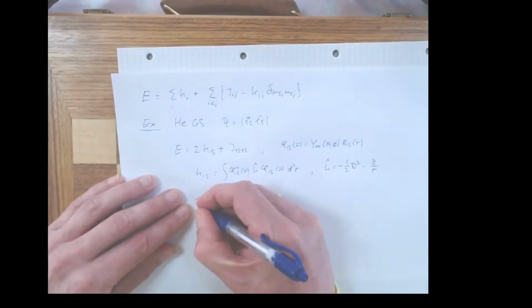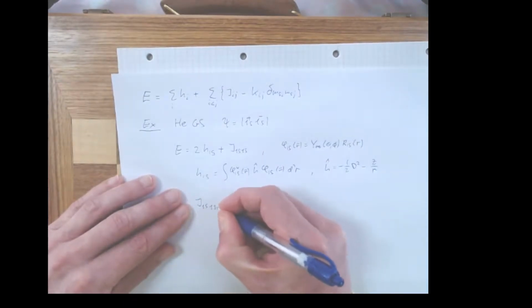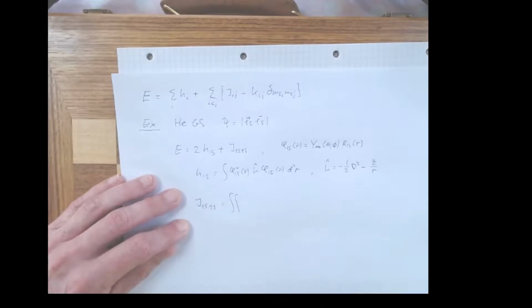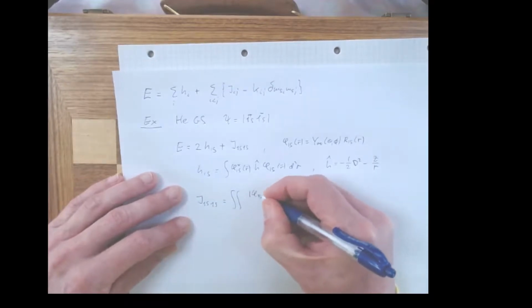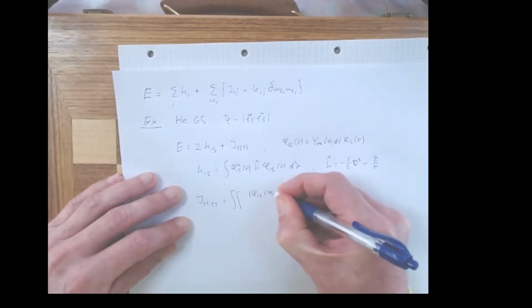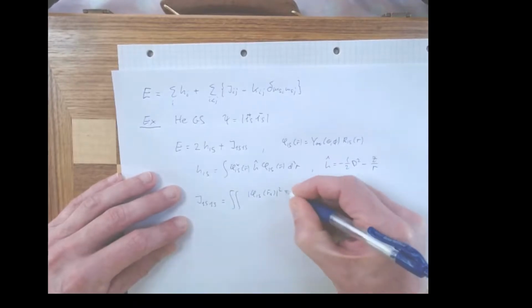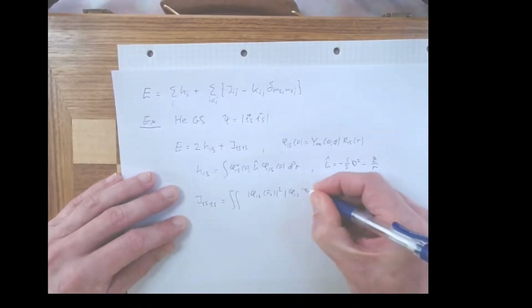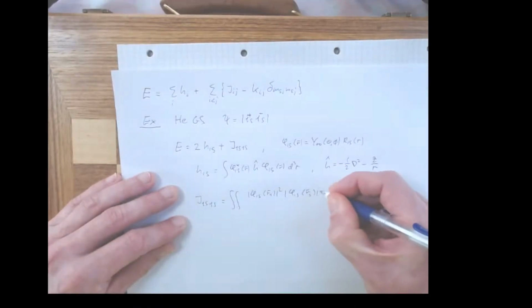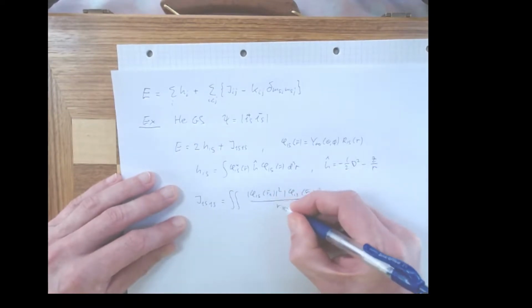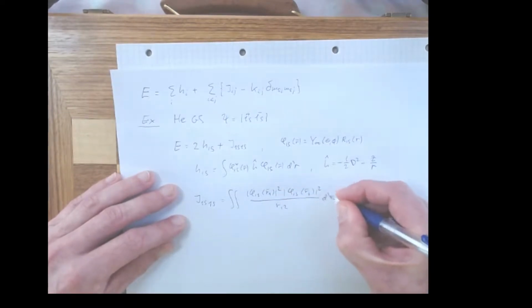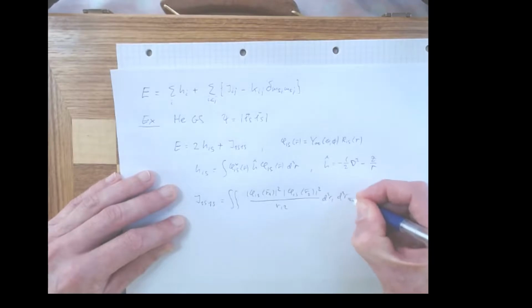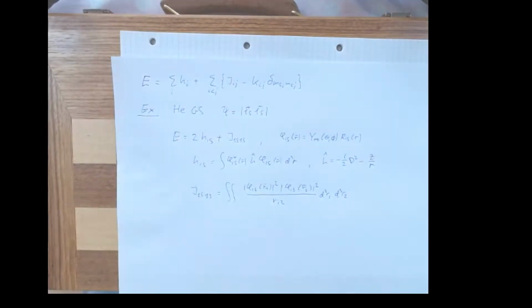And the Coulomb integral is then a 6-fold integral, phi 1s argument r1 squared, phi 1s argument r2 squared, divided by their distance, and 6 spatial integrations.